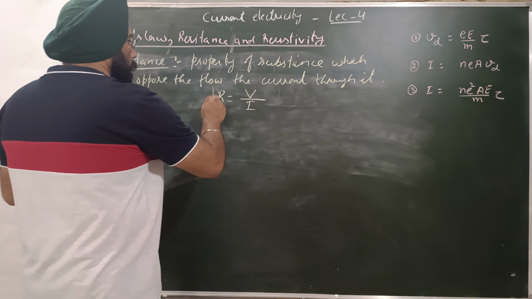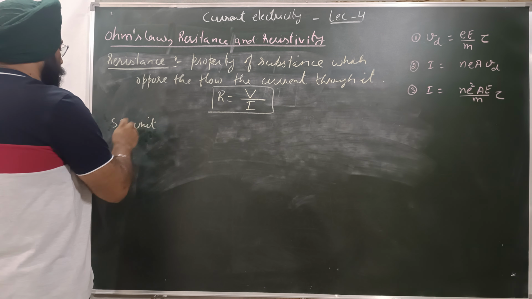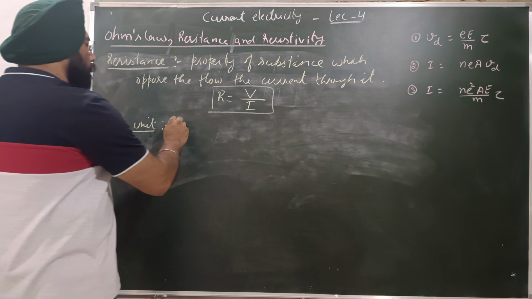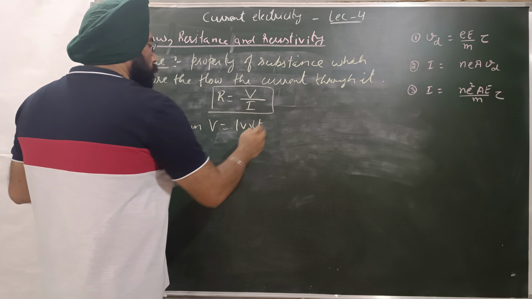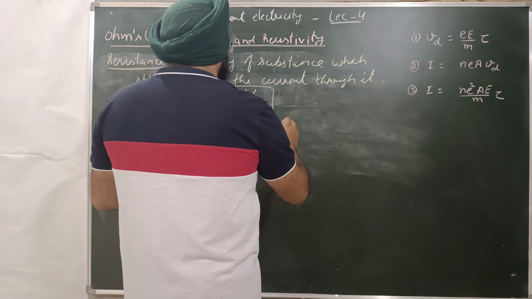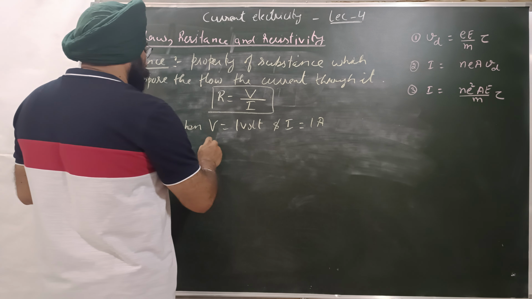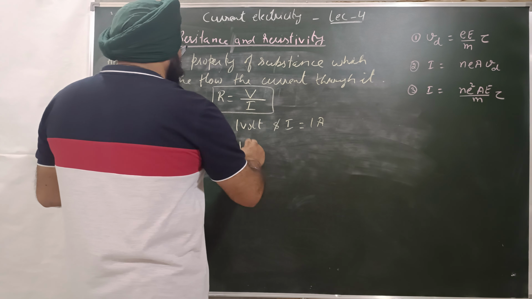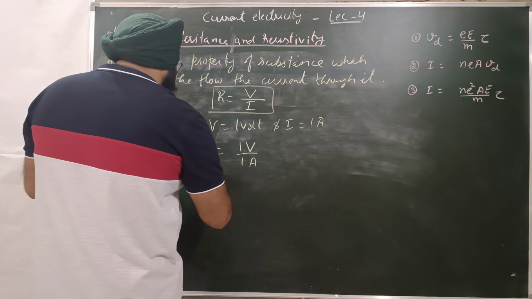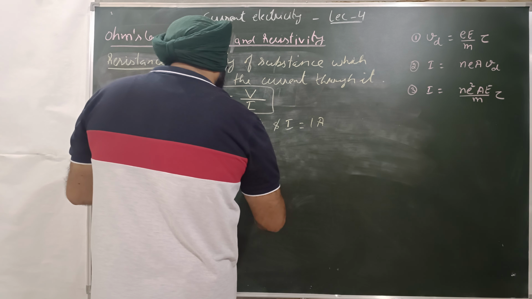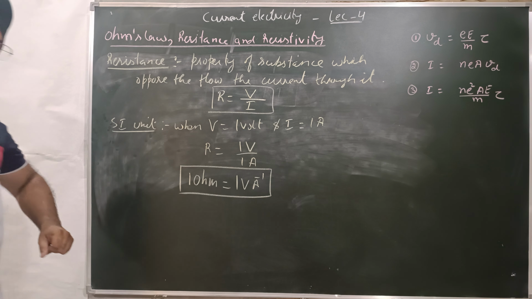R is equal to V over I. Its SI unit: when V is equal to 1 volt and I is equal to 1 ampere, then R is equal to 1 volt over 1 ampere. So this is called 1 ohm. So 1 volt per ampere.